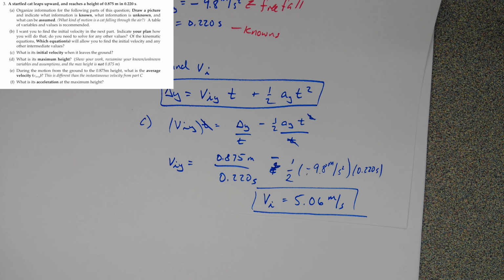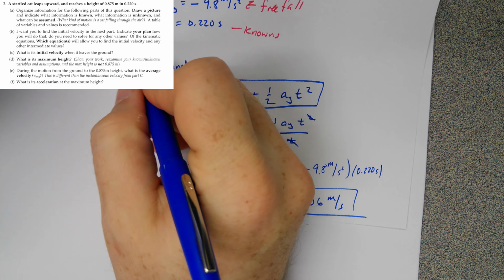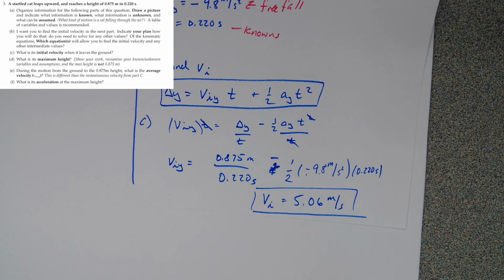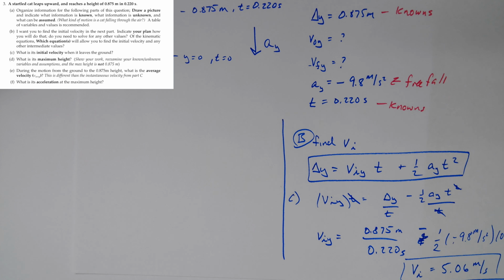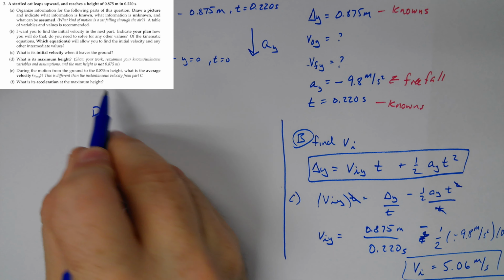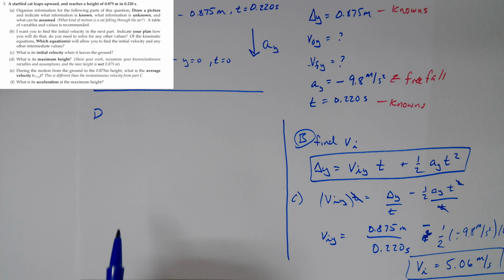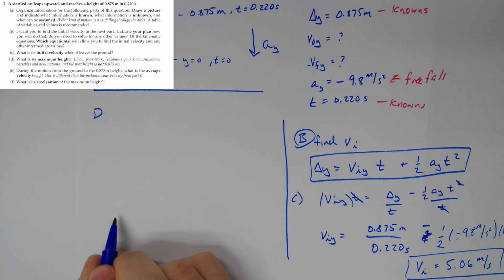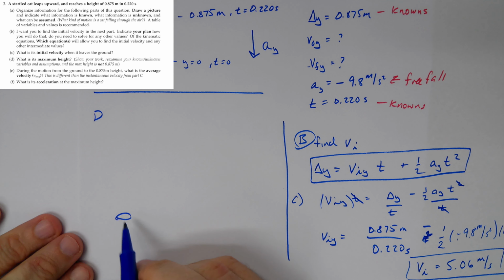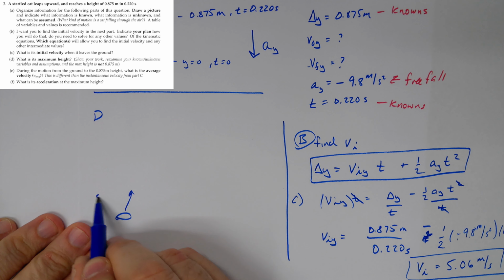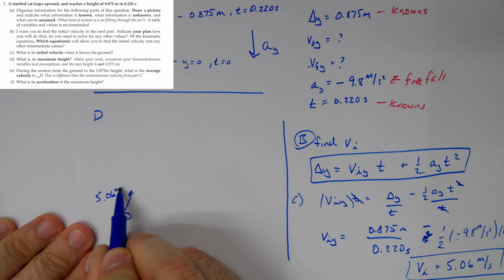Now part D is a different motion. It's not the same. I'm going to draw a line here. Let's get this over so we have an image. For part D, we're going to go from the ground. So here's our cat that's jumping at 5.06 meters per second.